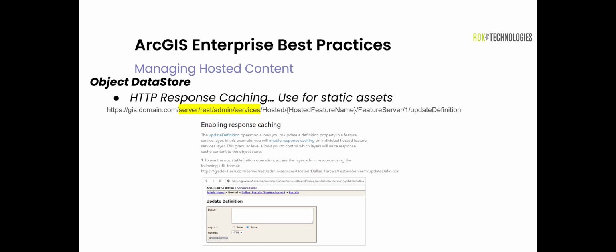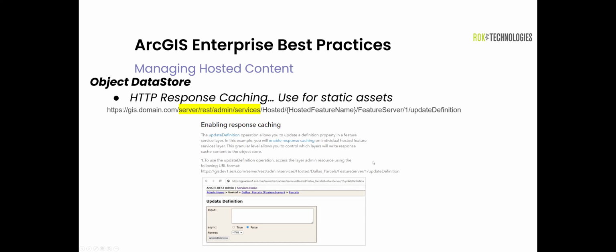And what that does is it allows query responses to be stored in that object data store, in addition to its functioning as hosting 3D scene layer caches and stuff like that. And so you just would get a quicker response on a given query.